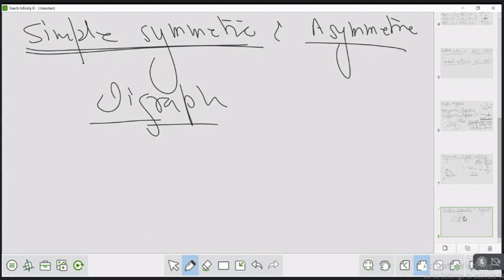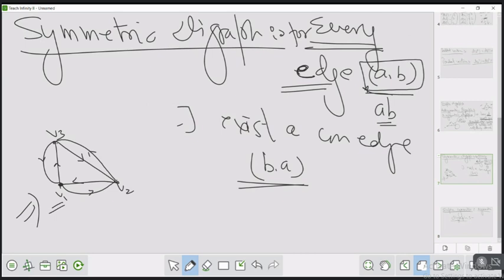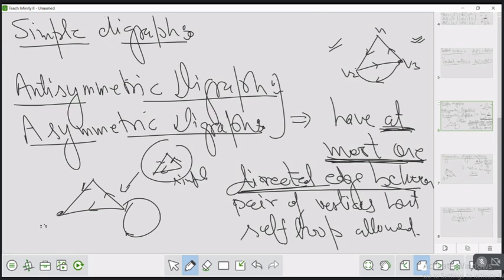A graph is called simple symmetric if it is simple and symmetric. Is this simple or not? Is it simple or not? It is symmetric. So it is simple symmetric. Now this graph, it is simple.